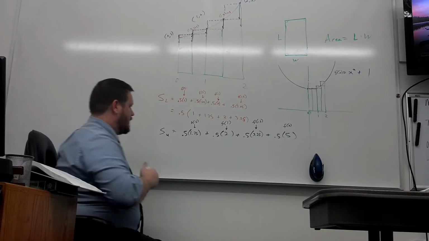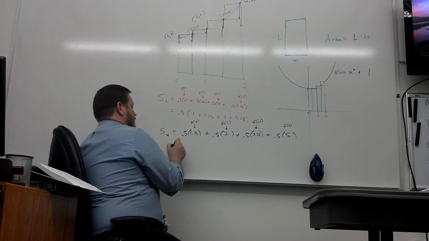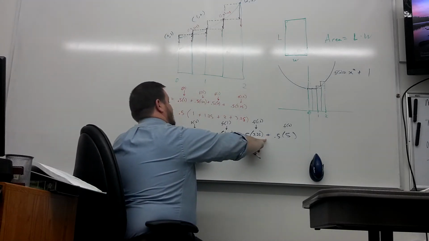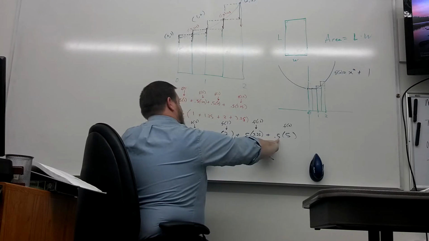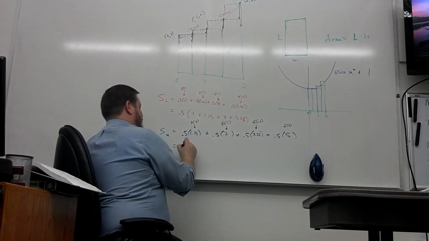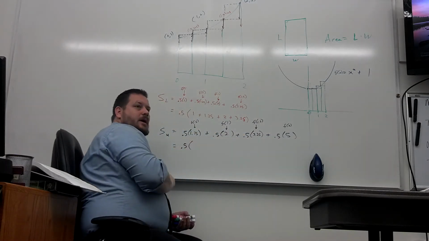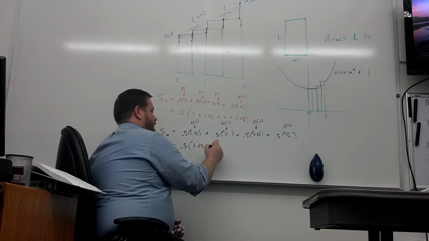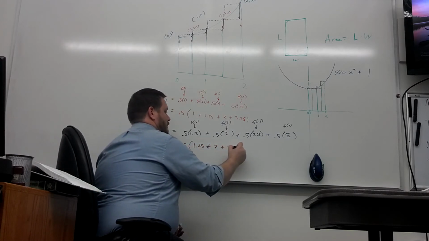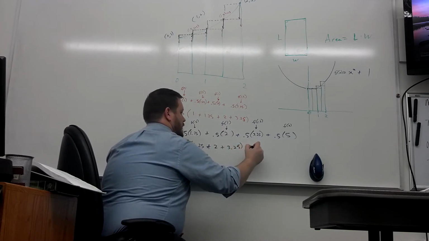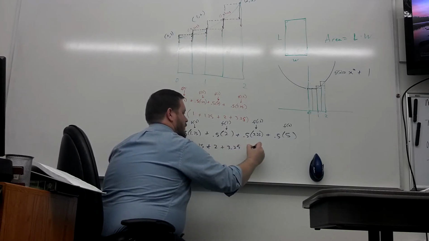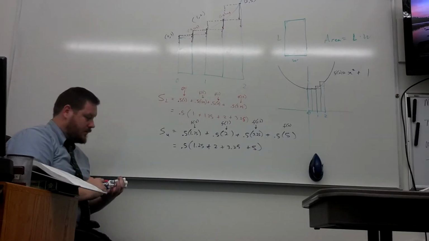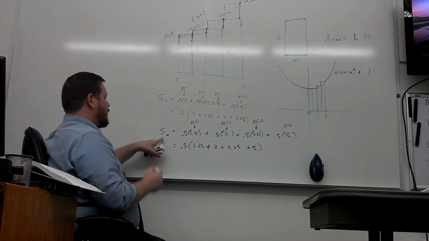And again, I can factor out the 0.5 and add up all the heights. So this here is called an upper sum.